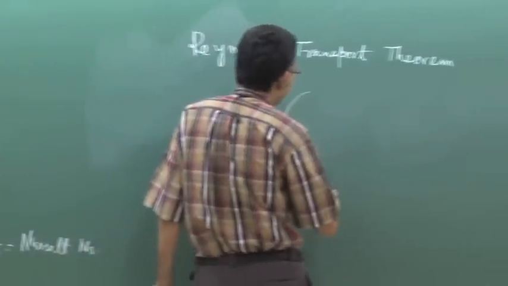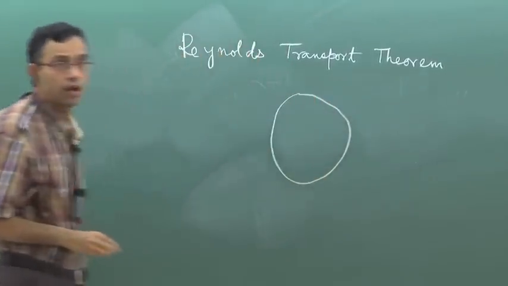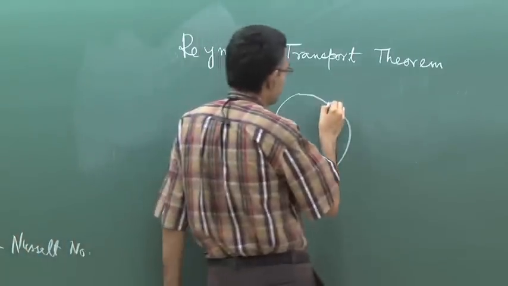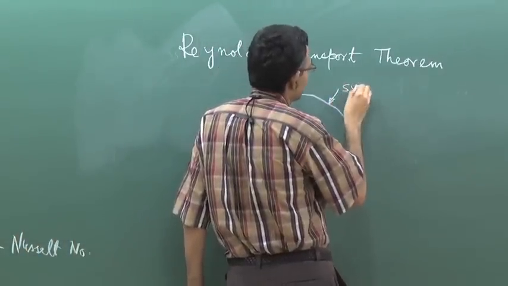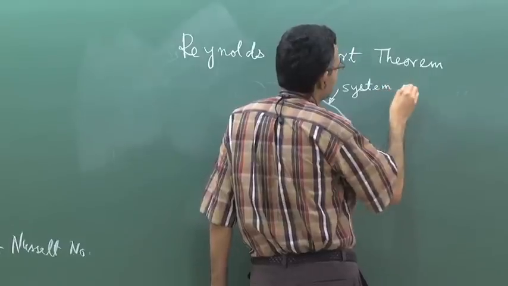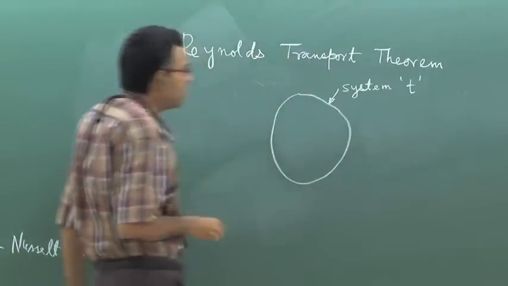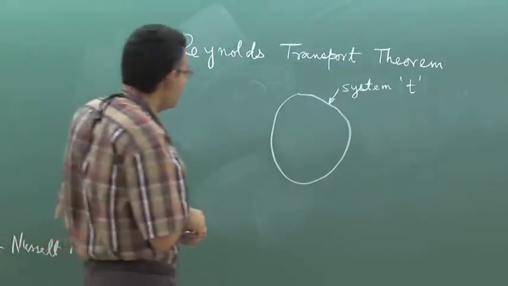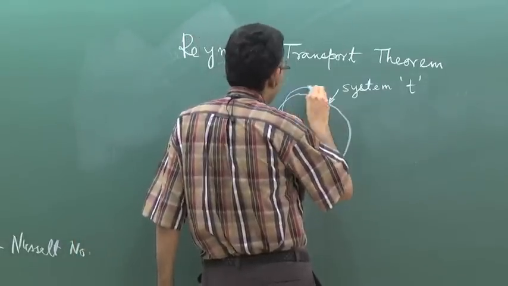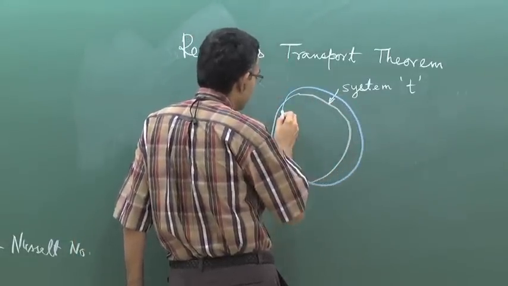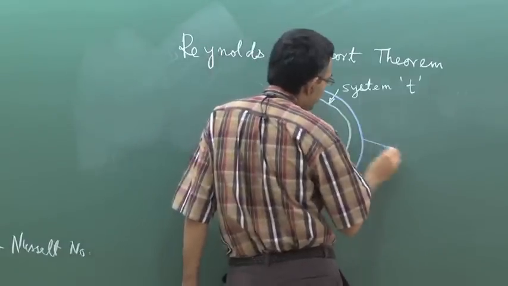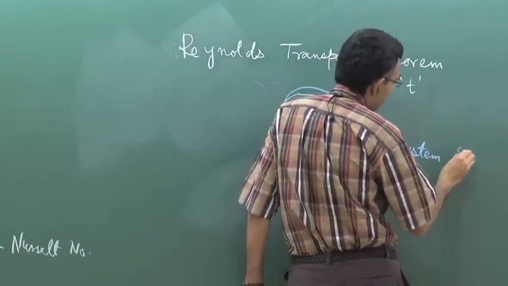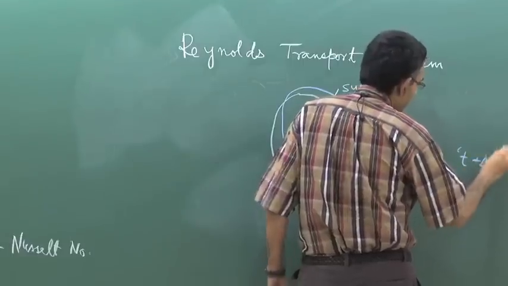So let us say that we have a system. This is basically a control mass system at time t. Let us say this blue colored outline is the system at time t plus delta t.